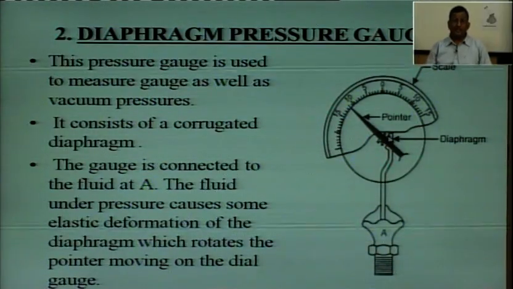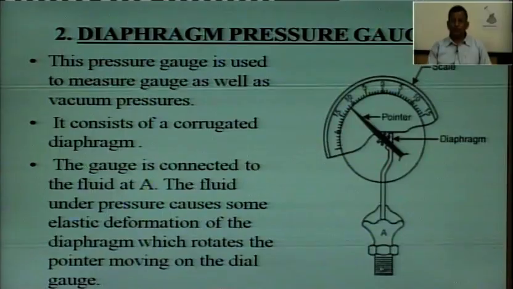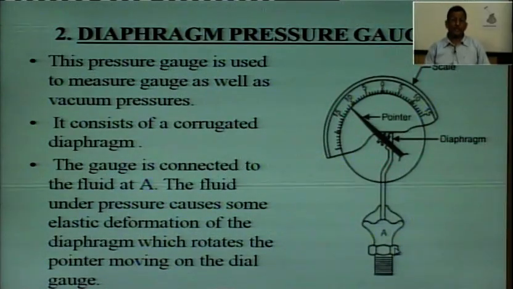The gauge is connected to fluid at A. So this is at A. The fluid whose pressure we want to measure is connected with this one.